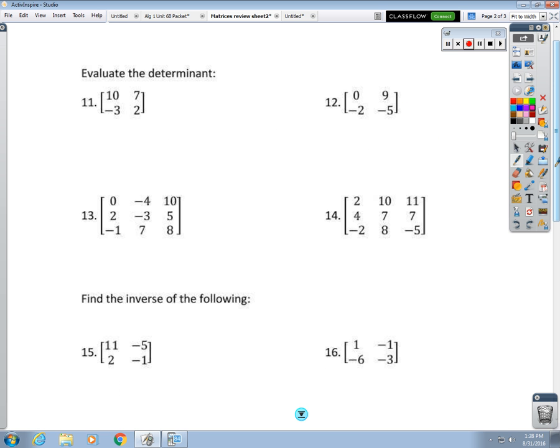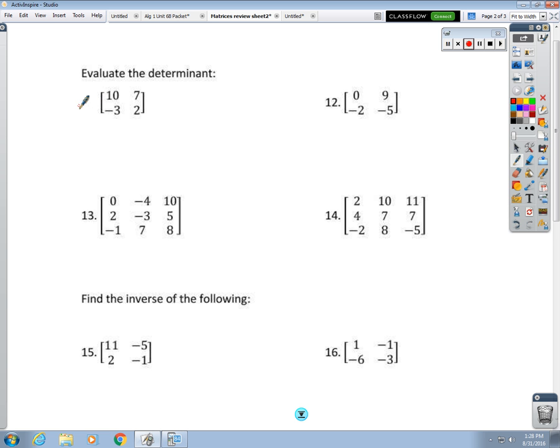Evaluate the determinant. Okay, when I was looking at the test myself, I noticed that they don't come right out and say evaluate the determinant. What you'll see is something like this. They'll name the matrix. Remember, you can name a matrix with any capital letter.